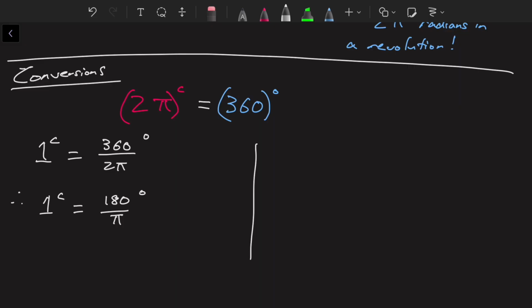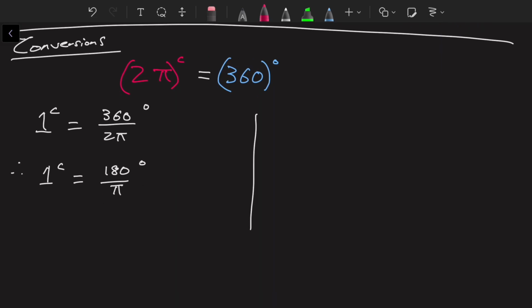Which means that if you want to go from radians to degrees, you need to multiply by 180 over pi. Okay? If I had 45 radians, I would just multiply the whole thing by 45, right? But that direction isn't that common because we start off with degrees and we go to radians.